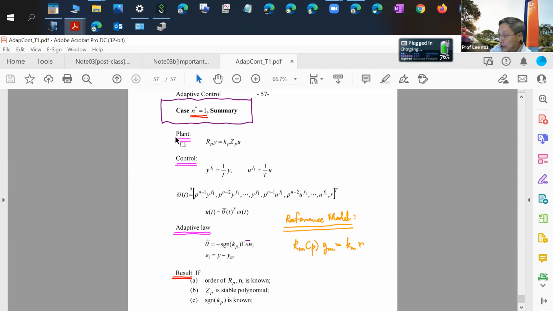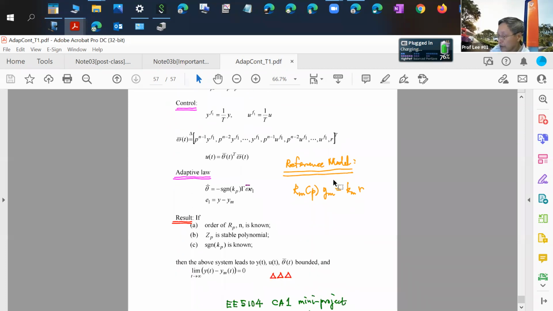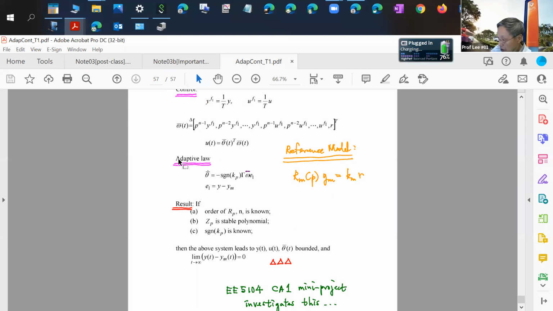So up to this part, the control works for an n order system, no restriction. It's only when you move on to this particular adaptive law, because we're going to establish stability of the adaptive law and convergence, that this requires the restriction of relative degree equals 1. And then we'll be able to establish a result that all the signals are bounded.